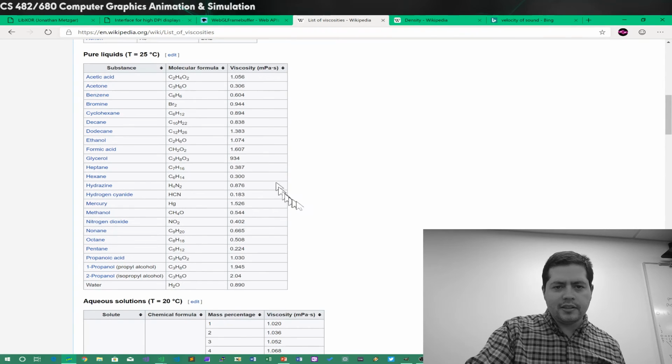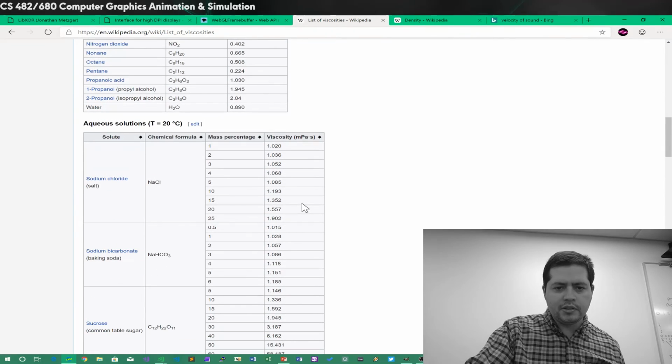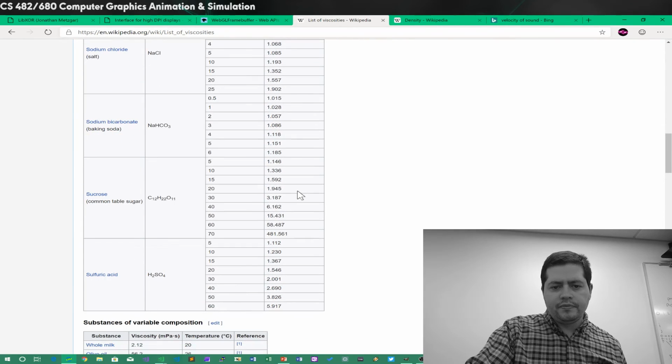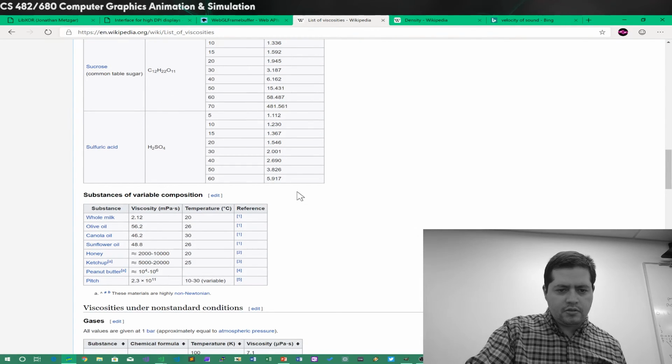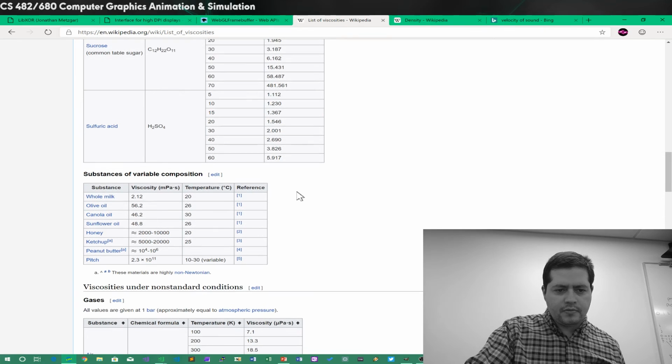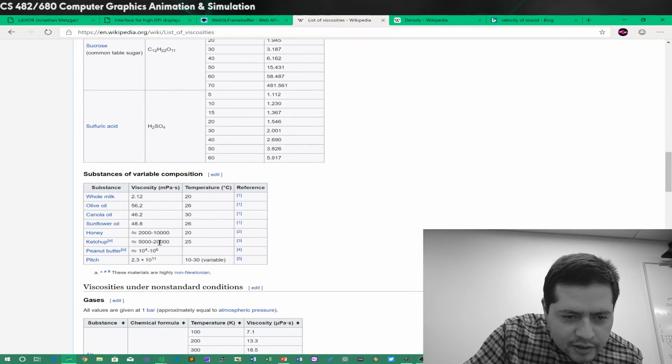That's millipascals. Aqueous solutions, millipascals. Whole milk, ketchup. Oh, that gets really neat.